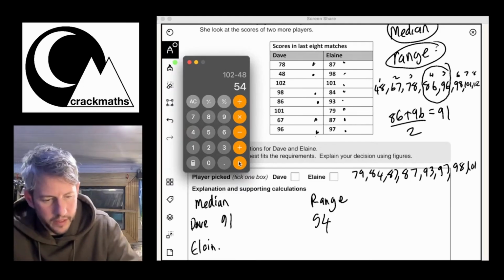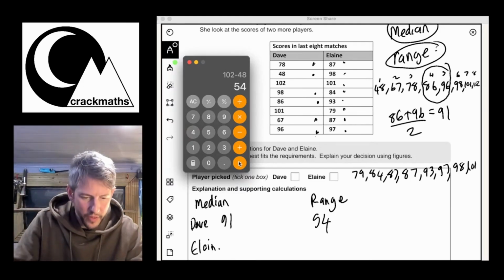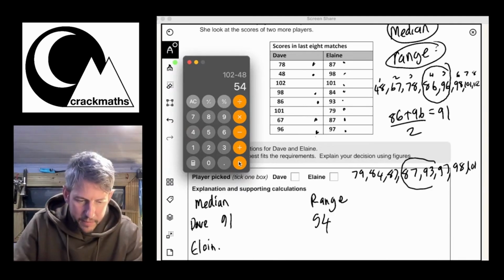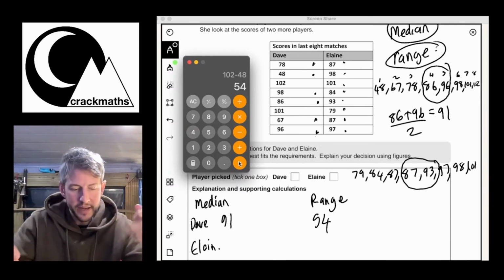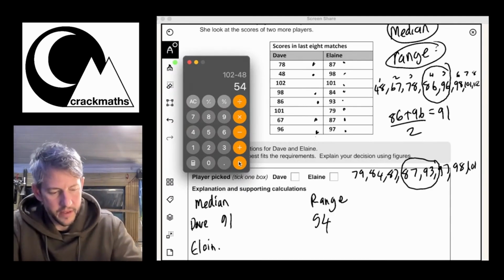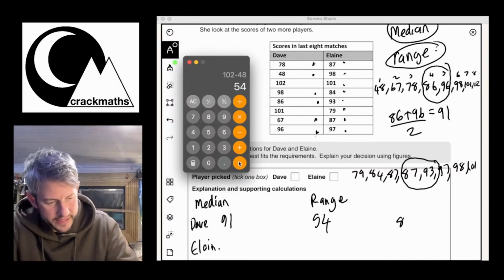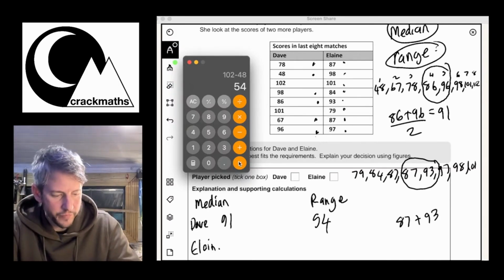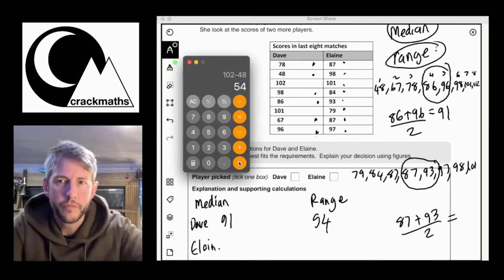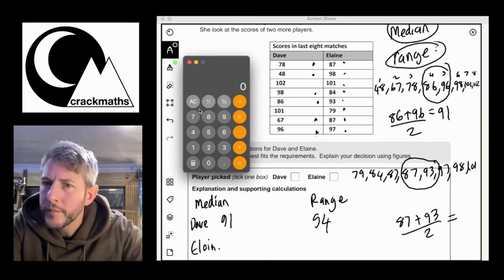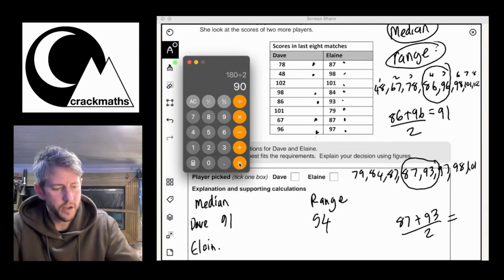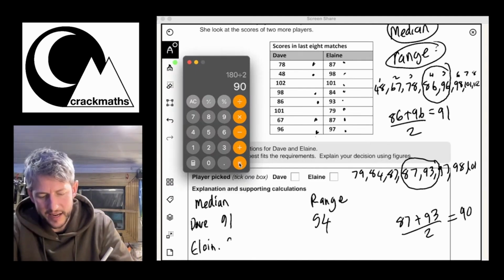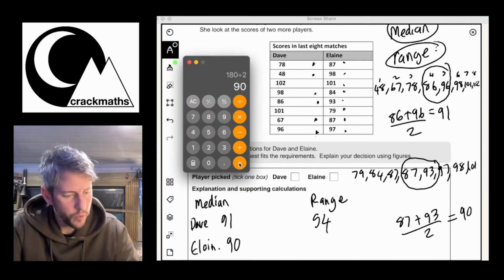Again it's 8 pieces, so the middle is between 87 and 93. We do 87 add 93 and then divide that by 2. On the calculator, 87 add 93 equals this, divide by 2. That's 90. So Elaine has a lower median, but let's now work out her range.